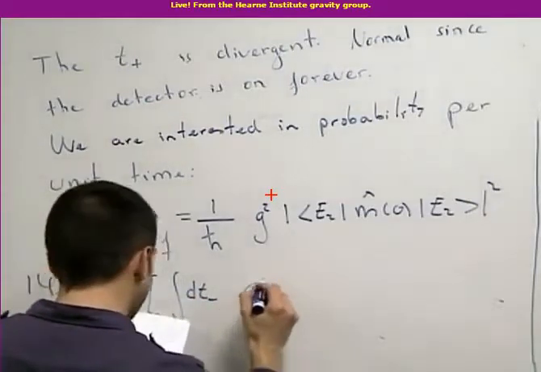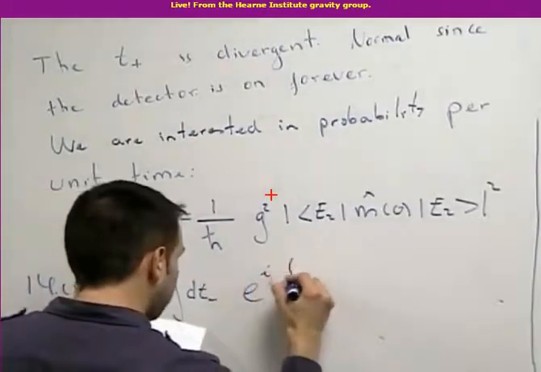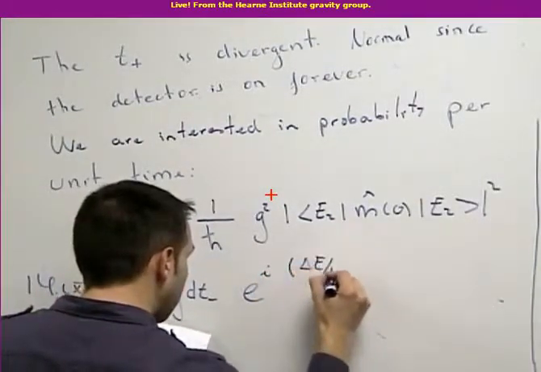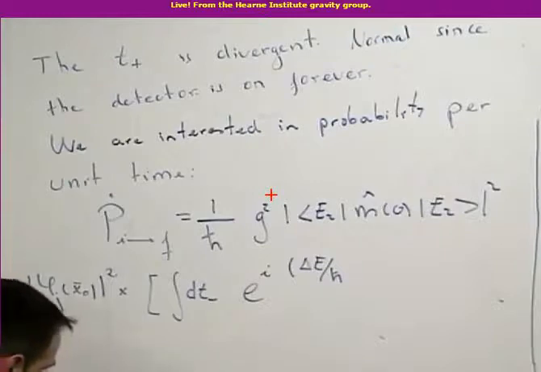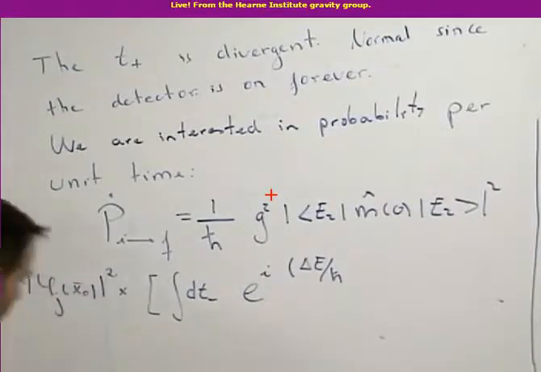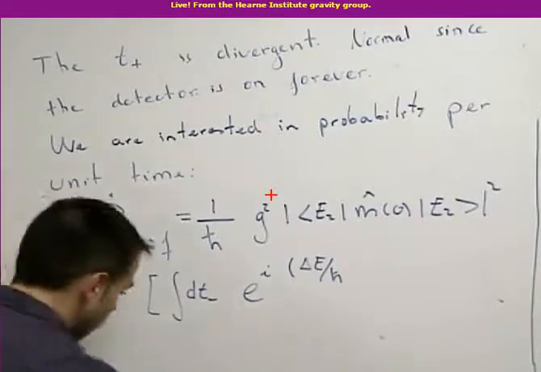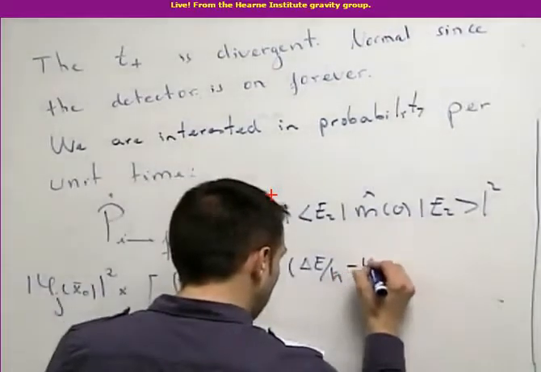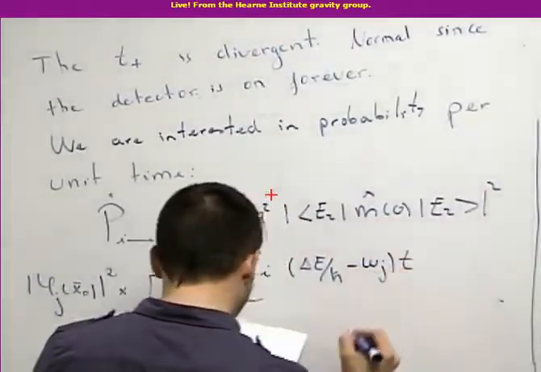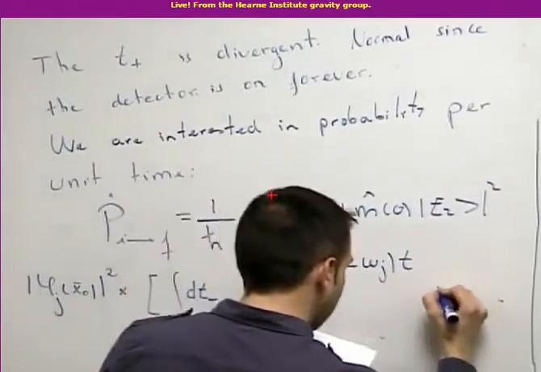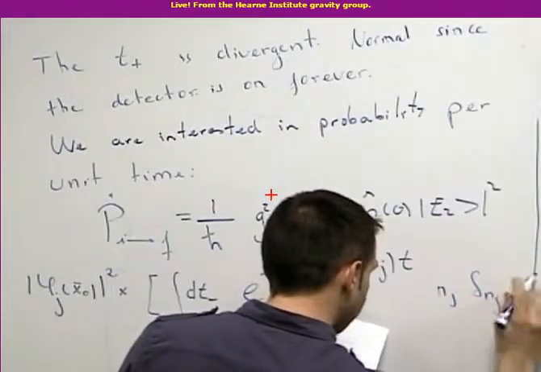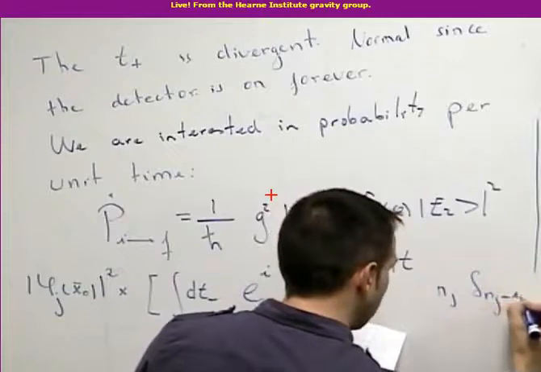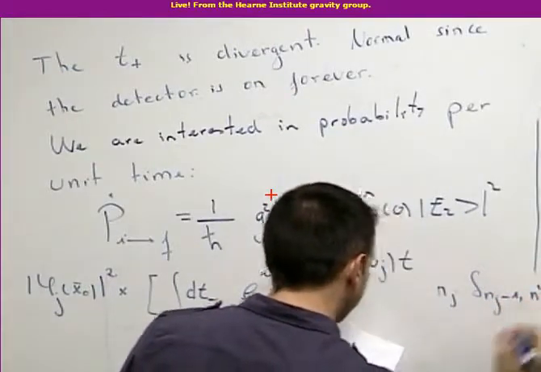The one is e to the i delta E over h bar. I am defining delta E. Delta E is E2 minus E1, and is positive by definition. So delta E is a positive one. Minus omega j t. And then you have here n_j delta n_j minus 1, n prime j.